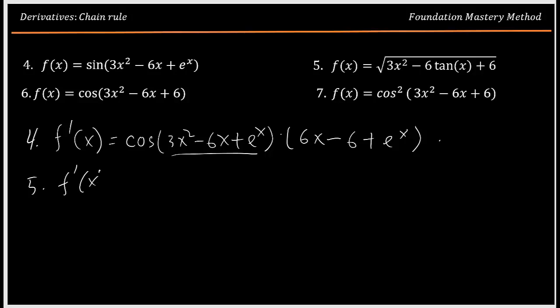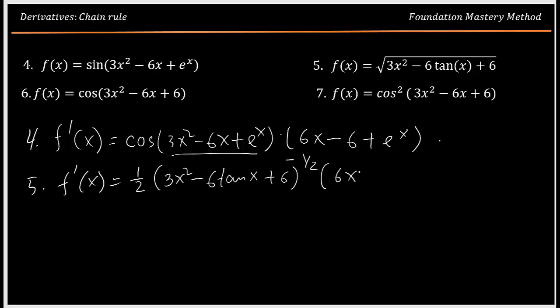f prime x, we know square root meaning is 1/2 exponent, 1/2 3x squared minus 6 tangent x plus 6 to the negative half, and then 6x minus 6 secant squared x.